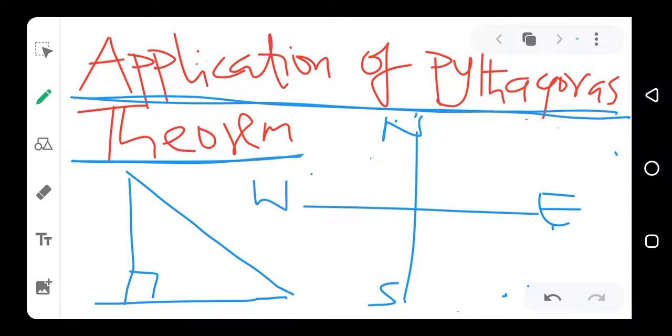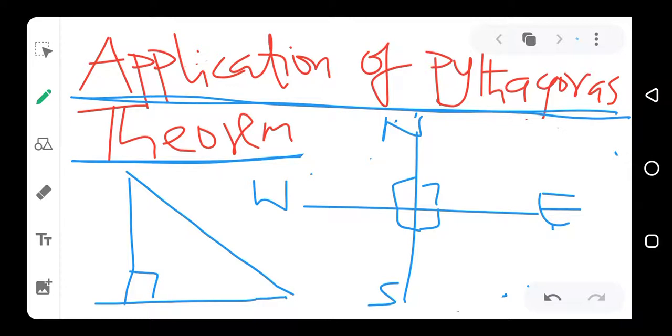If you have cardinal points like this, the contact between north and east is 90 degrees. The contact between east and south is 90 degrees. The contact between south and west is 90 degrees. And the contact between north and west is also 90 degrees.